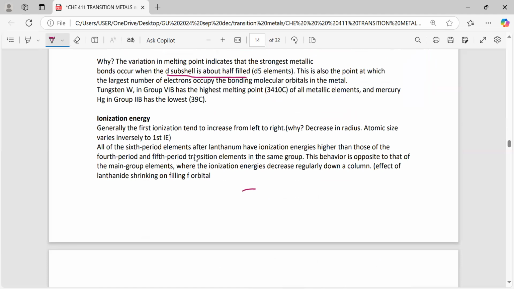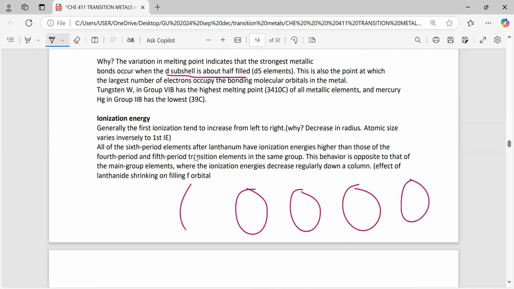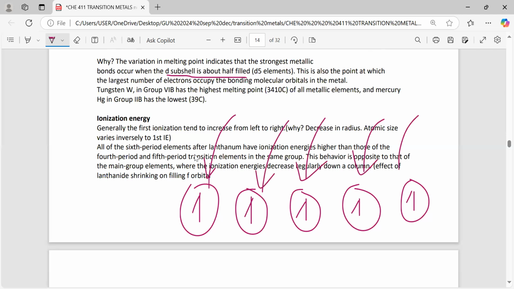So remember, if I have half-filled D5, like that, 1, 2, 3, 4, 5, then it means another atom can come there, another atom, another atom, so that I have a bond, I have a bond, I have a covalent bond.